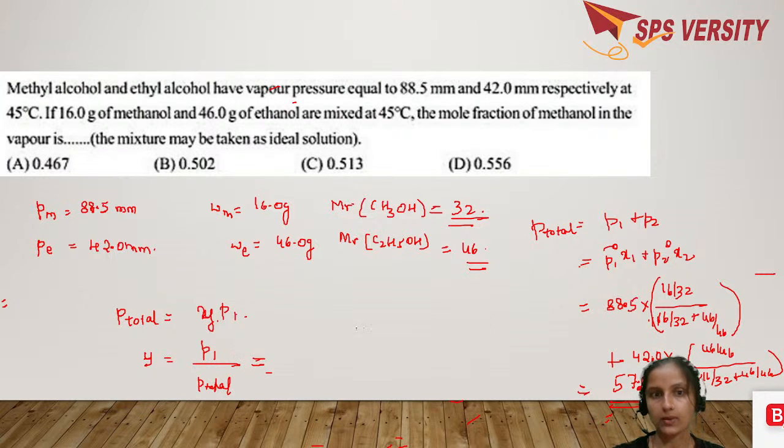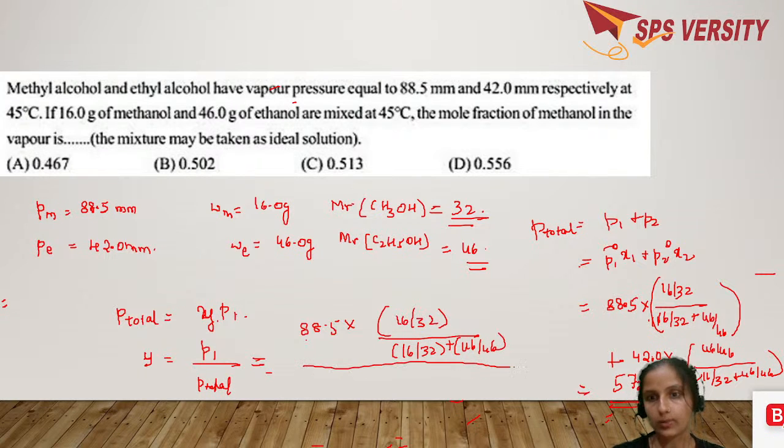P1 is P1 naught X1. So you get 88.5 times 16 by 32, the whole thing divided by 16 by 32 plus 46 by 46, and the whole thing divided by the P total, which is 57.44.